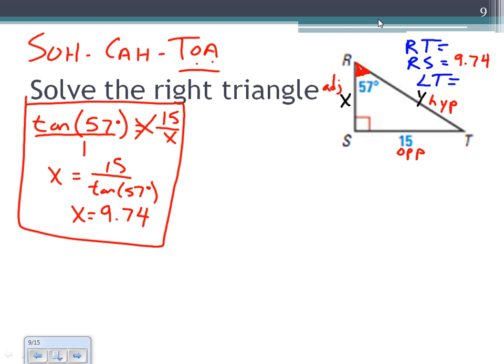How do we set this one up? We looked at the angle, we labeled our sides, and then we found out which one it was going to be, right? Can we do the same thing for y? You guys alive?